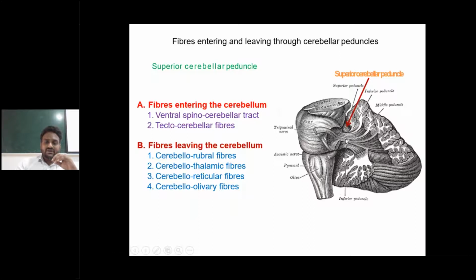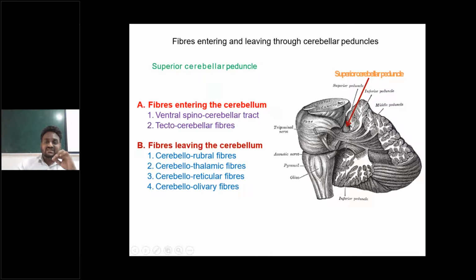The most important point: this middle cerebellar peduncle consists only of input fibers of the cerebellum, that means only afferent fibers, that's enough. The superior and inferior cerebellar peduncles are both small in size, present dorsal to the middle cerebellar peduncle. They connect the midbrain and medulla oblongata with the cerebellum.